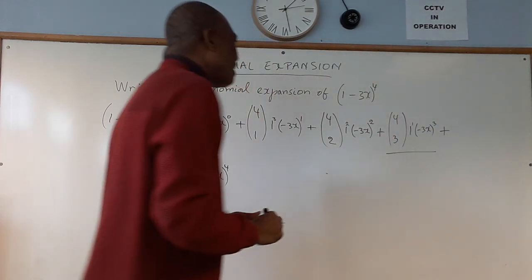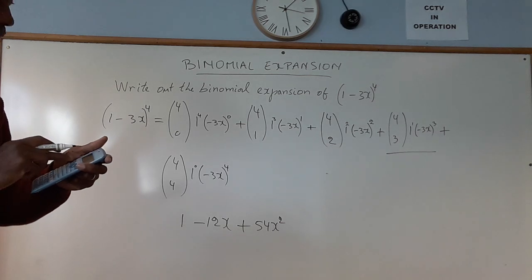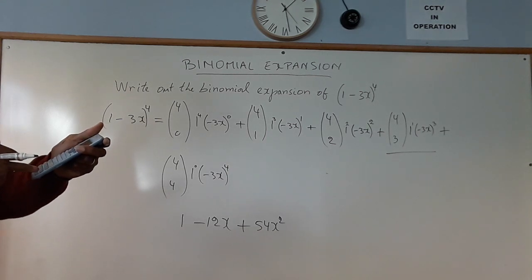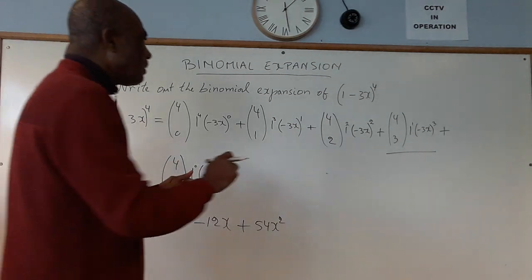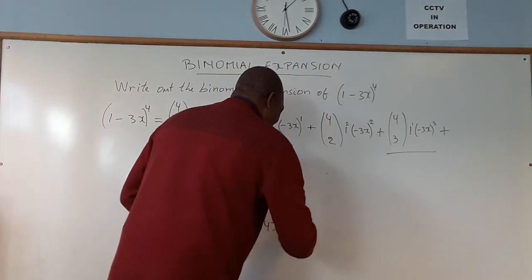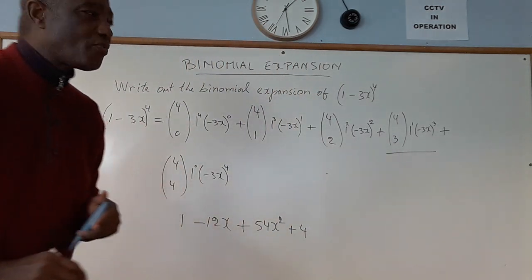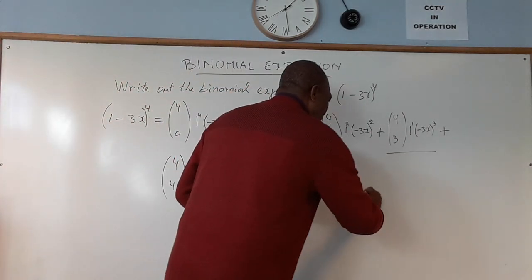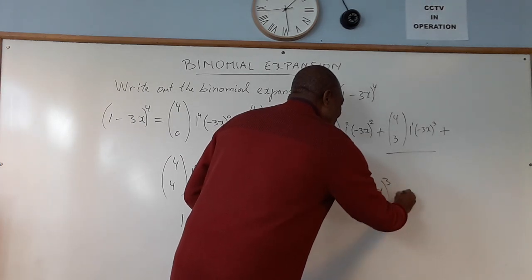And then that term that we have there, we are going to enter 4 shift NCR and then 3. So this bracket will give me 4. 4 multiplied by minus 3x to the power of 3.